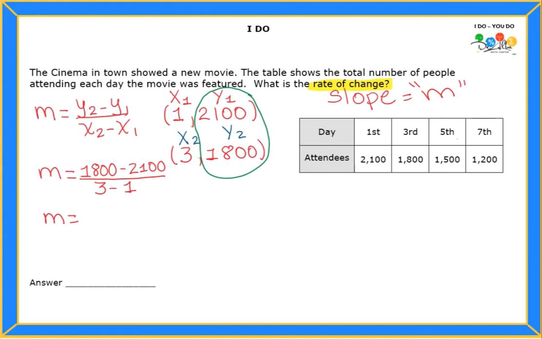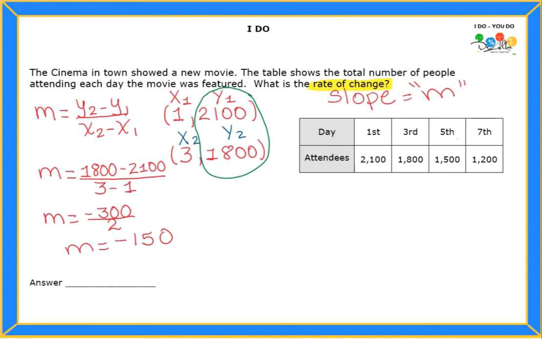Let's continue. So now I'm going to subtract my numerator. 1,800 minus 2,100. I do get a negative 300. Very good. On my denominator, it's 3 minus 1, which is a 2. If I simplify this, I will get negative 150, because a negative divided by a positive gives me a negative.